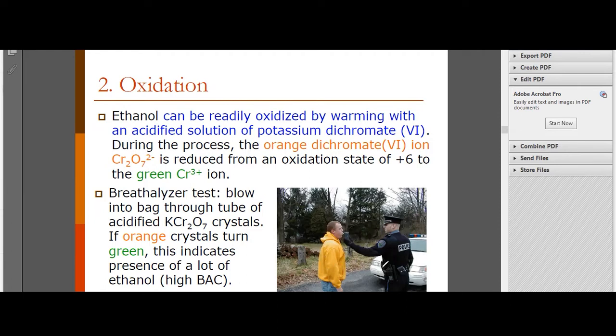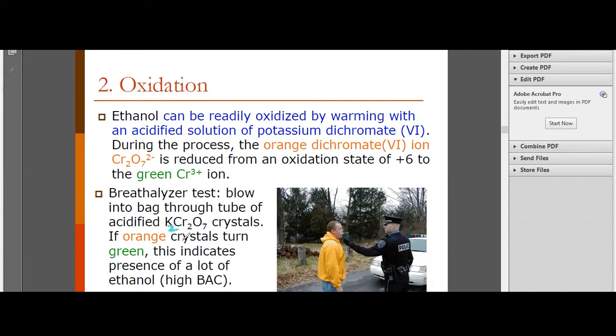So police will try to make a very fast analysis to find out whether this man is drunk or not. Okay, this is potassium dichromate, K2Cr2O7.